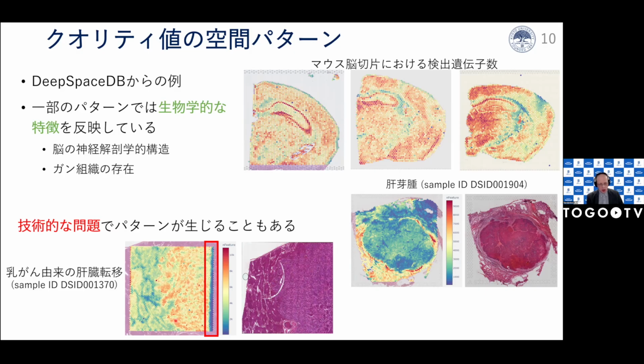But at the border, there's a straight boundary here, where suddenly the number of detected genes is very low. I don't think this reflects the biology of the tissue. This probably reflects a technical problem. So I should remove those kind of spots before I continue my analysis.